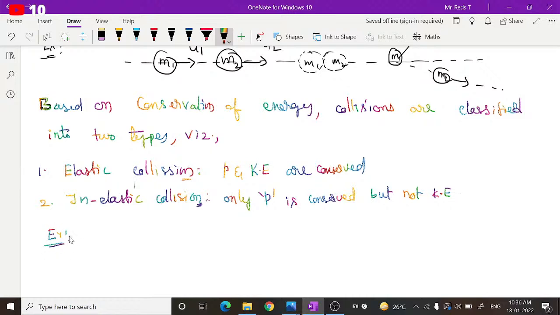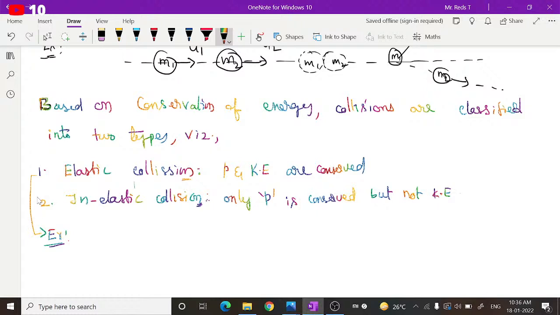For elastic collisions, I have already discussed one of the previous examples under head-on collision, which is the alpha scattering experiment. The scattering of an alpha particle can be treated as an elastic collision, the collision of an alpha particle with the nucleus.